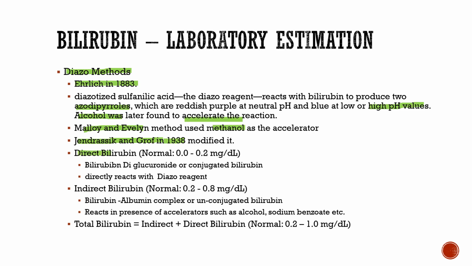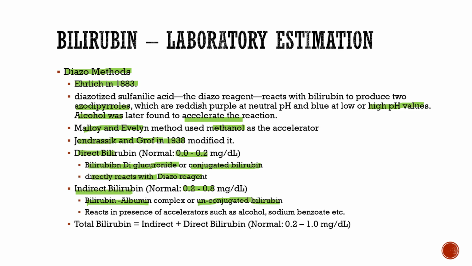The normal direct bilirubin concentration is from 0.0 to 0.2 milligram per deciliter. Direct bilirubin is bilirubin diglucuronide, the conjugated bilirubin. It directly reacts with the diazo reagent we are discussing. The indirect bilirubin normal range is from 0.2 to 0.8 milligram per deciliter, which is the albumin-bilirubin complex, also known as unconjugated bilirubin.